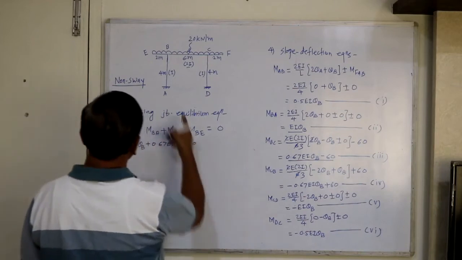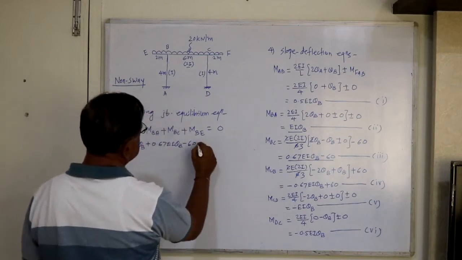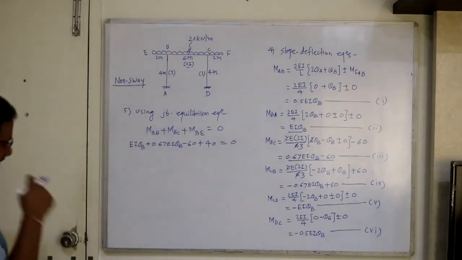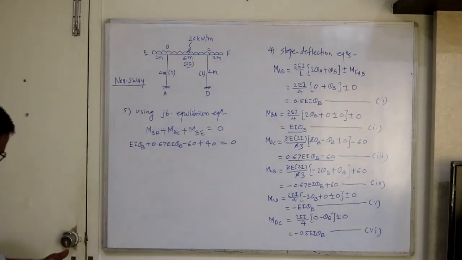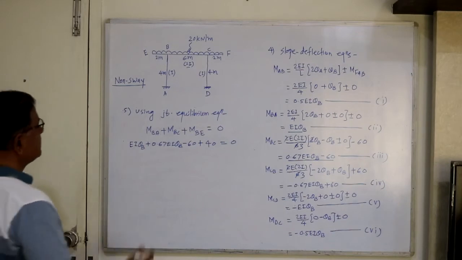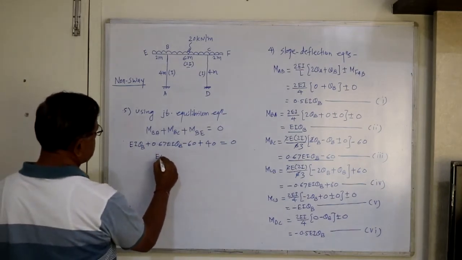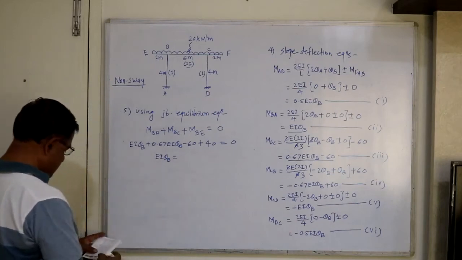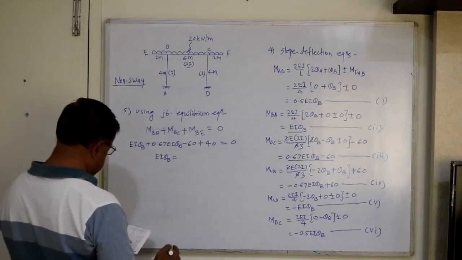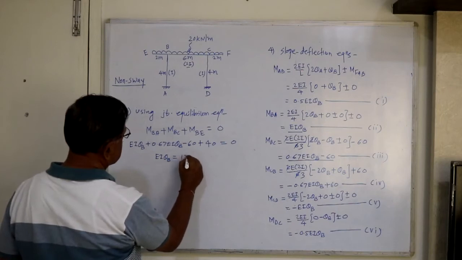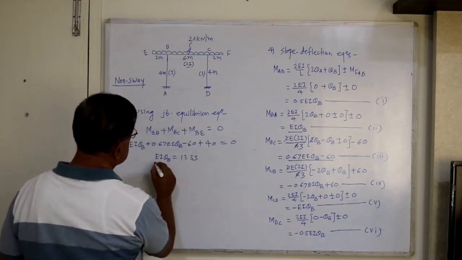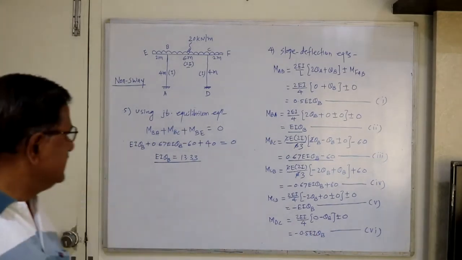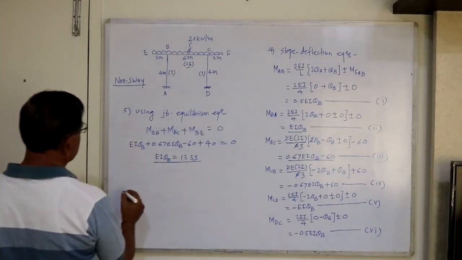So this and this MBE, so this is plus 40 equal to 0. MBE was, we have calculated it was 40. So from this you will get EI theta B equal to, the answer you can check it, 13.33. So this is EI theta B. So now knowing EI theta B, so let's calculate final moments.